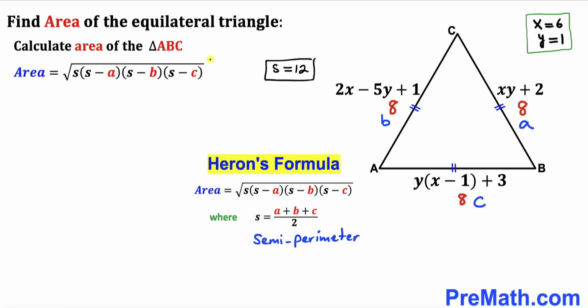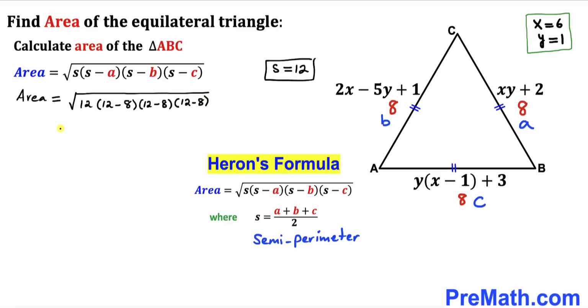And here's our final step. Let's plug in values in this formula right now. So area is going to be equal to the square root of s, in our case 12, times 12 minus 8, likewise 12 minus 8, and finally 12 minus 8 as well.